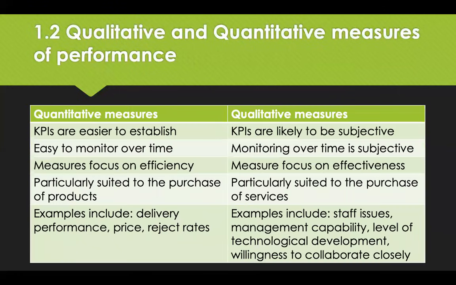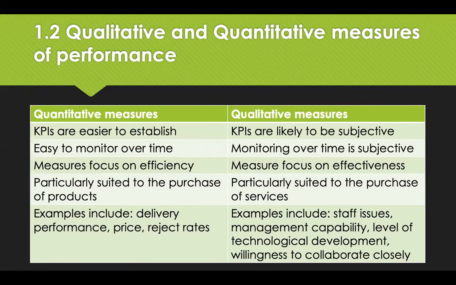Now, what we know about KPIs is that they're either qualitative or quantitative. The quantitative ones have numbers associated with them, they're absolutes, whereas the qualitative stuff is about how people feel, which means that the quantitatives are objective and the qualitatives are subjective. So the types of numbers we can use in the quantitative measures are shown here. So we've got things like the fact they're easier to establish, easy to monitor over time.